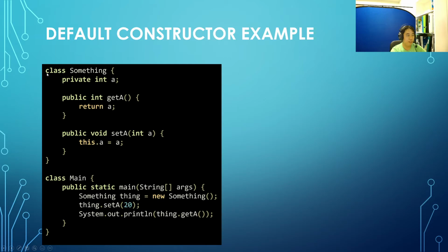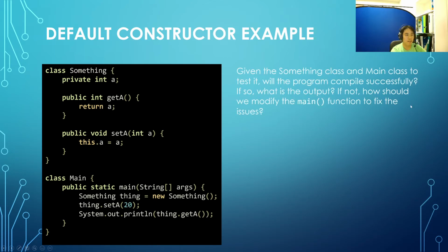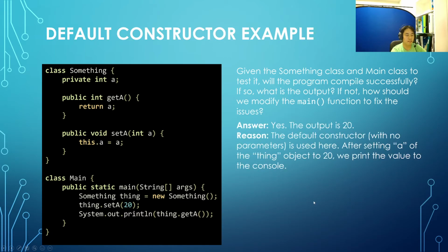So here's the example. We have a class called something, and I will make a new object of something in the main class. What would be the output if we run the code in the main class? Well, you should see 20.